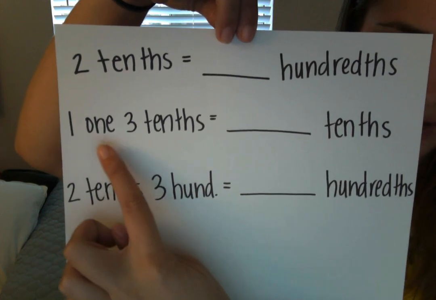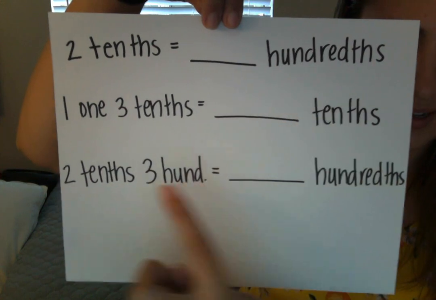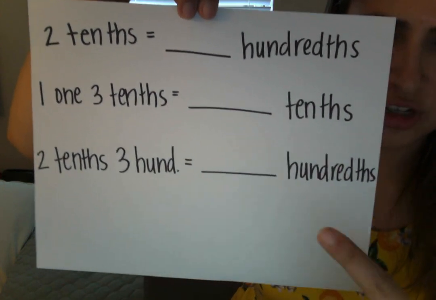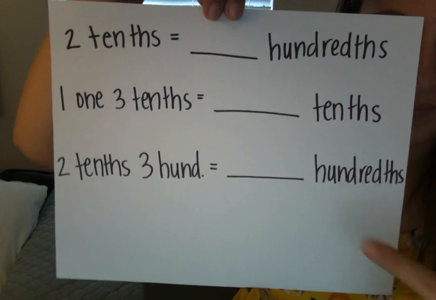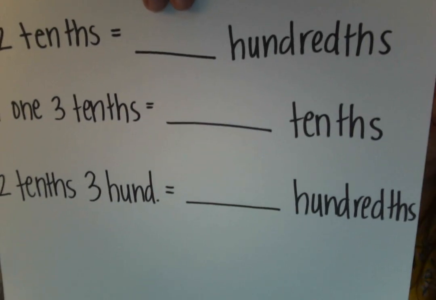I want you to draw 1, 1 and 3 tenths and figure out how many tenths that represents. And then I want you to draw 2 tenths and 3 hundredths and show how many hundredths that represents. I will put the answers to these problems in the description box below.